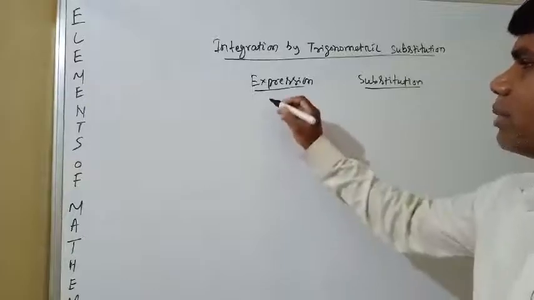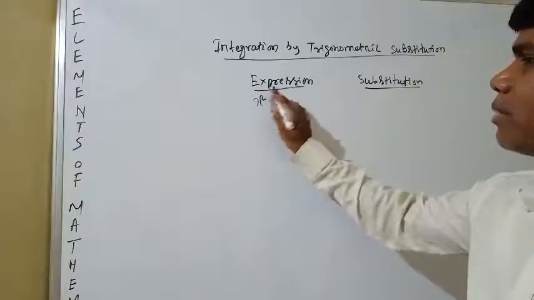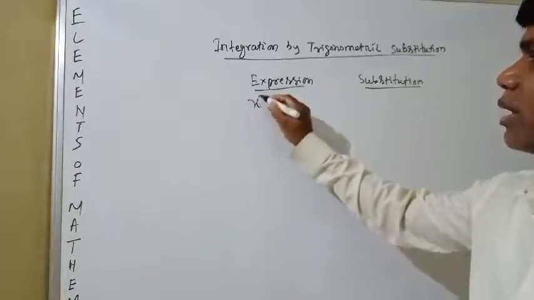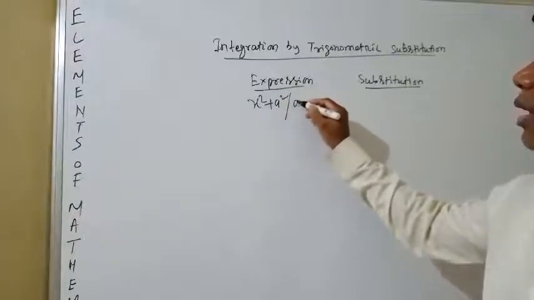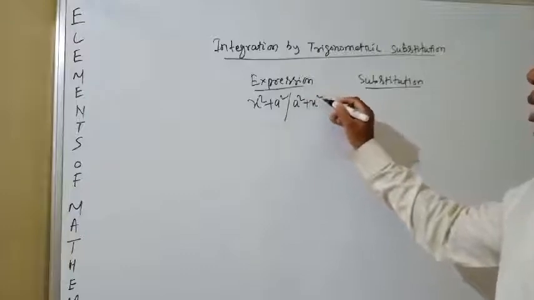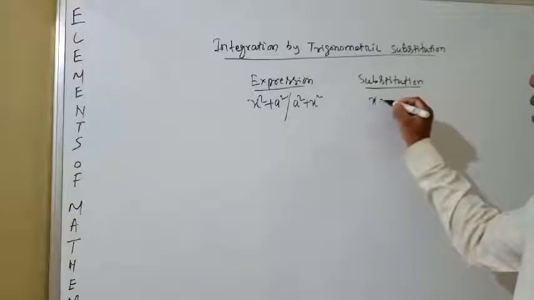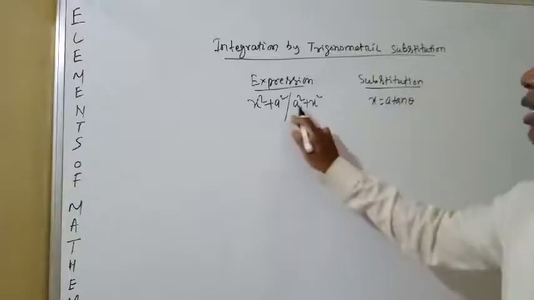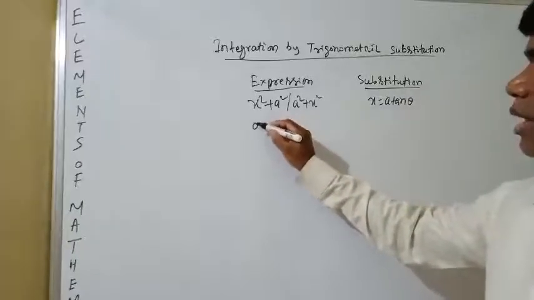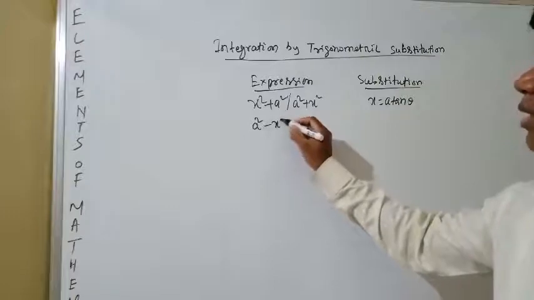Suppose the expression is given as x square plus a square or a square plus x square. We have to put x is equal to a tan theta. Suppose the expression is given as a square minus x square.